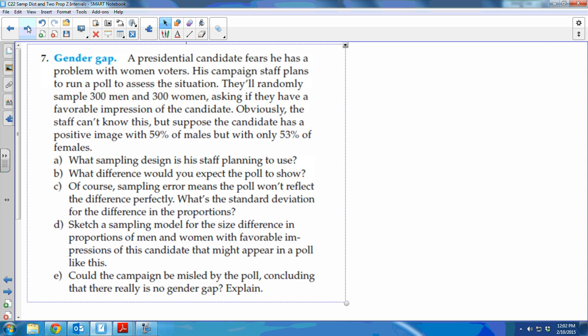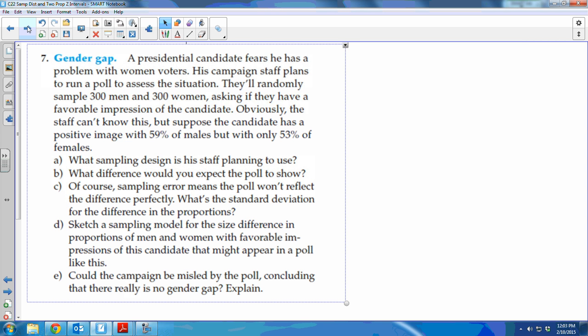Right? Okay. On part B, what difference would you expect the poll to show? What does expect really mean? In chapter 16 and 17, what was expect? Like the expected value. The expected value was the mean, right? So here, when it's just asking what difference would you expect the poll to show, they gave us 2 percentages, right?